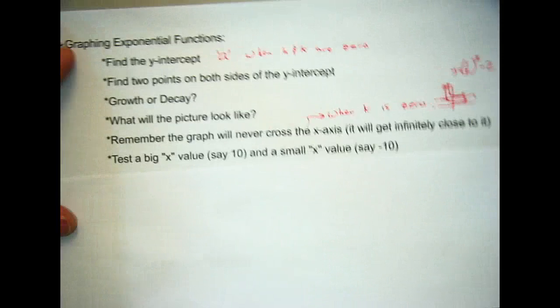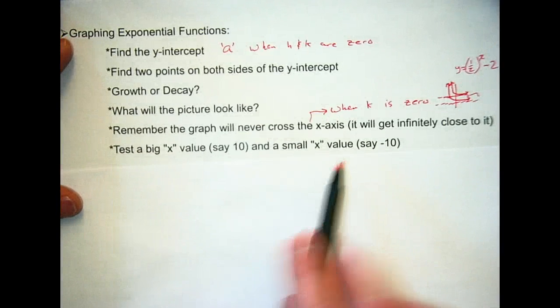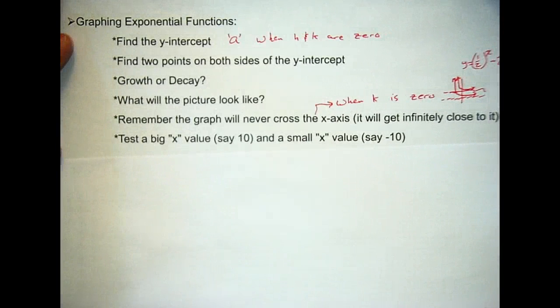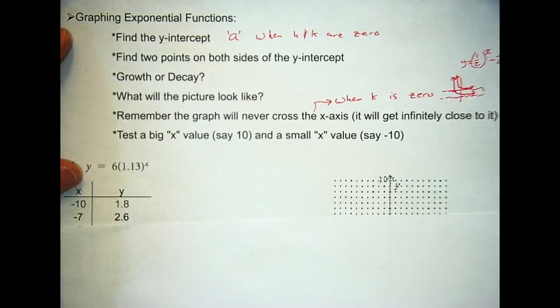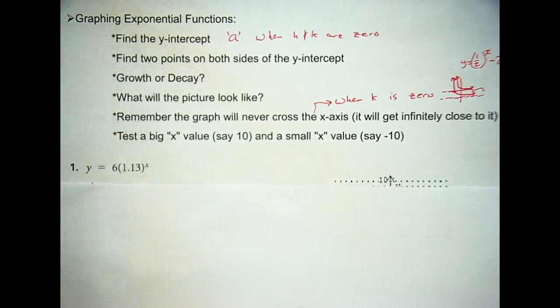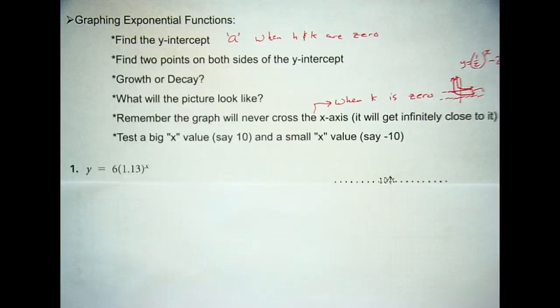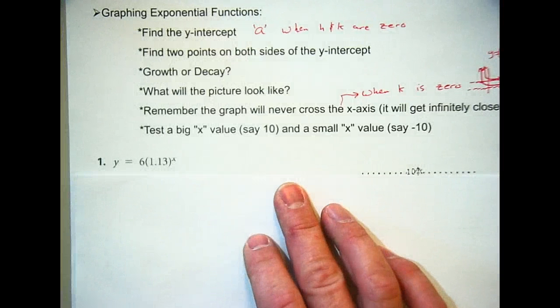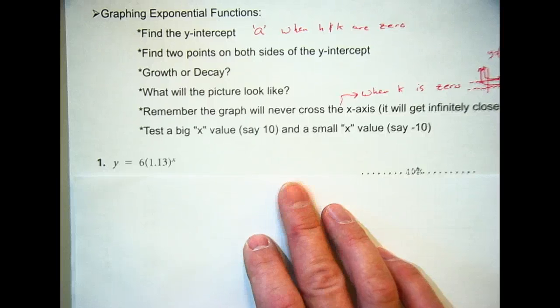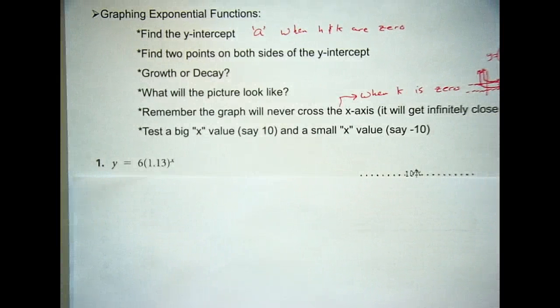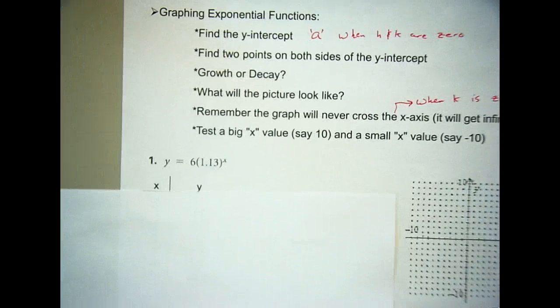All right? Then we'll test some big values like 10 and -10, the small values, and figure out where the graph is going. So what I want to do is graph number 1: 6 times 1.13 to the power of x. Right now you have a place to put it on your grid, we're going to try to graph that.